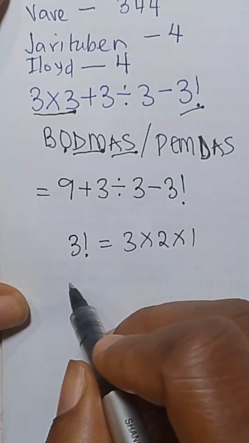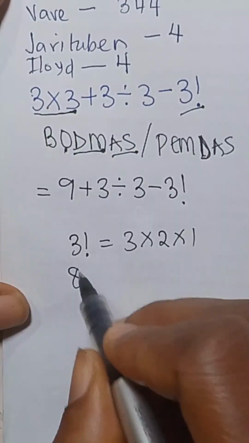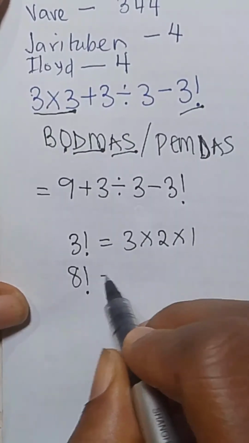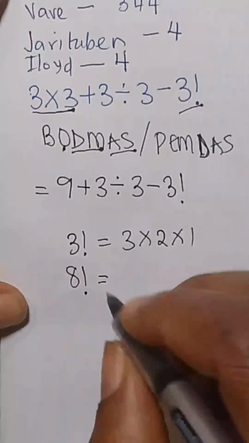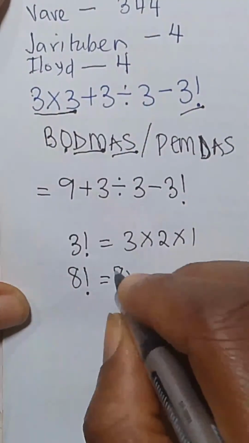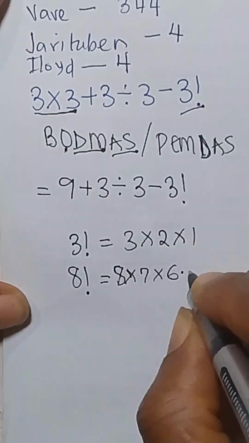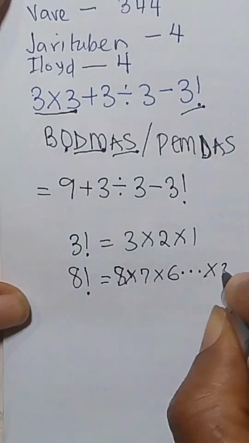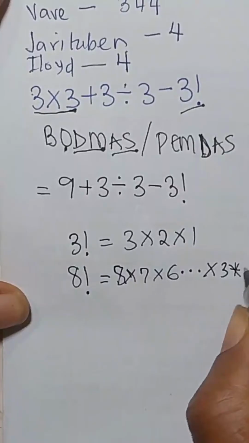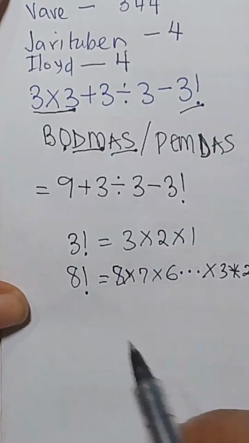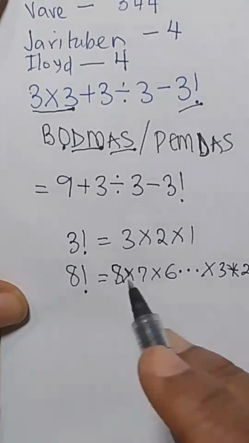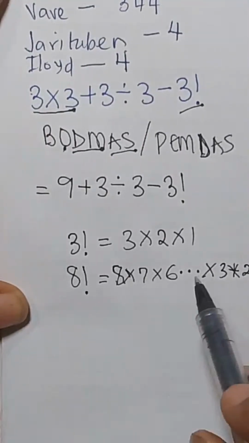Whenever you're given a factorial, if you're asked to solve 8 factorial, you multiply from 8 downwards to 1. You multiply 8 times 7 times 6 times 5 and so on to 3 times 2 times 1. That is, you multiply from the number given downwards to 1. That is what factorial means.